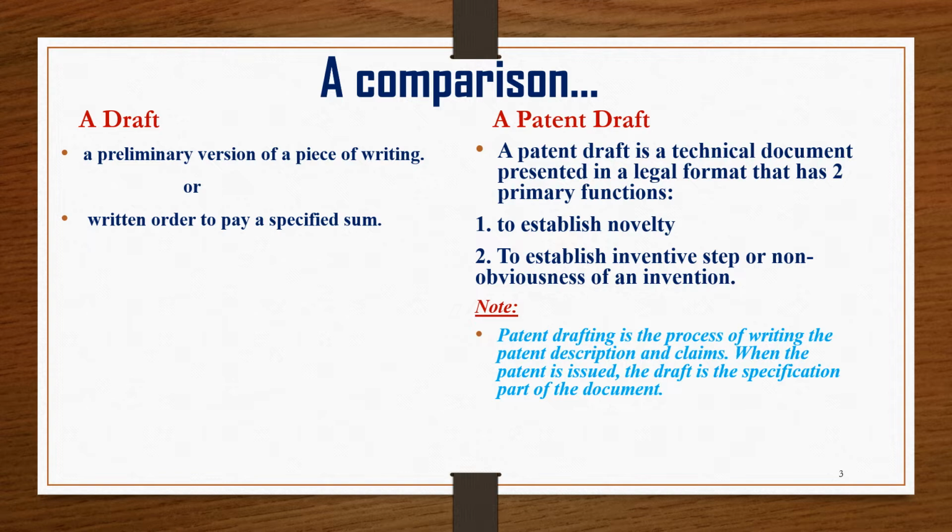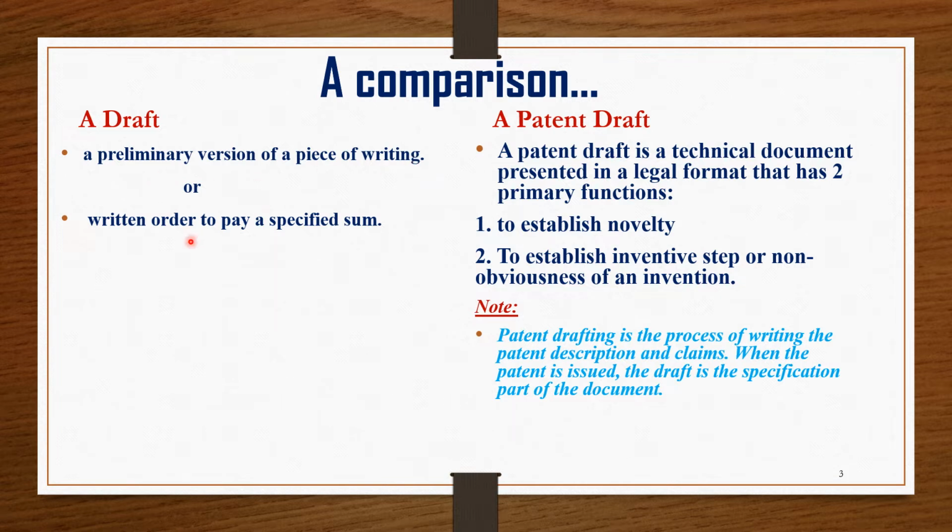Now we will have a comparison, because whenever we say what is a draft, normally we go to its literal meaning. Fine. So first of all, we will go to the literal meaning of a draft. We can say that a draft is a preliminary version of a piece of writing.